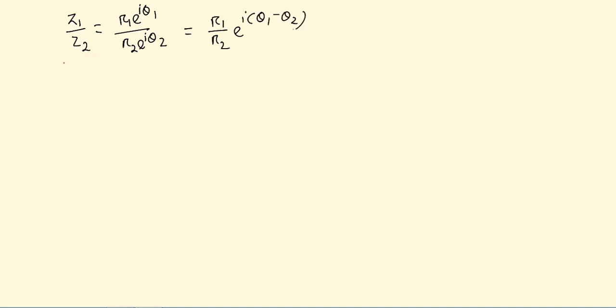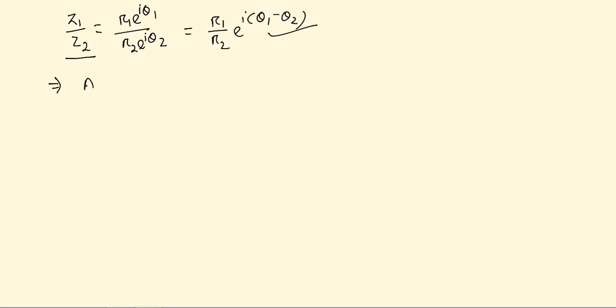Next, if we want to find their division, then this will be r1 upon r2 e to the power i theta 1 minus theta 2. Now see here, the argument of z1 upon z2 will be theta 1 minus theta 2.